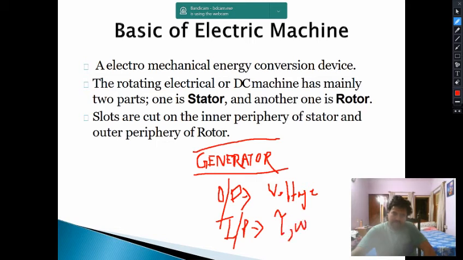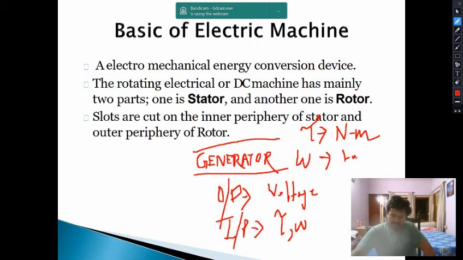What is the unit of torque? Just for your remembrance, it is Newton meter. And what is omega? Omega is basically angular speed.